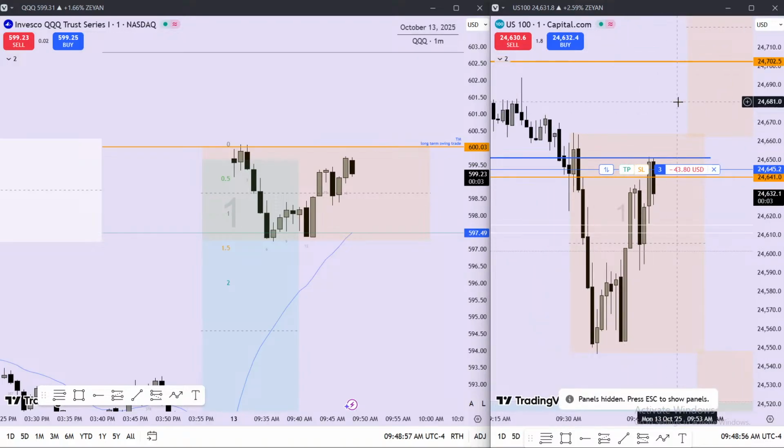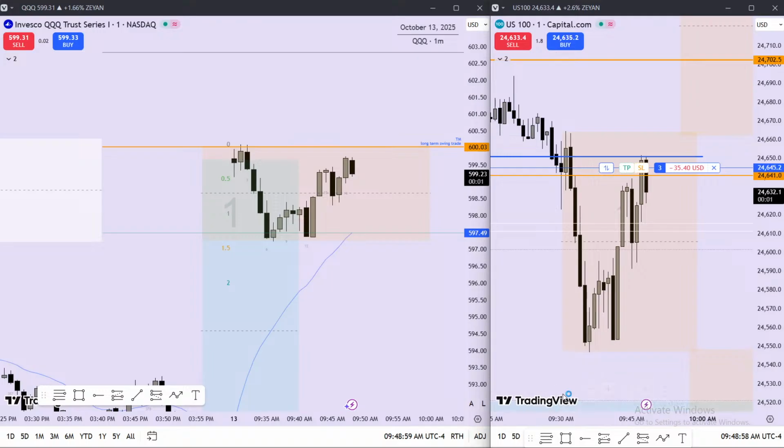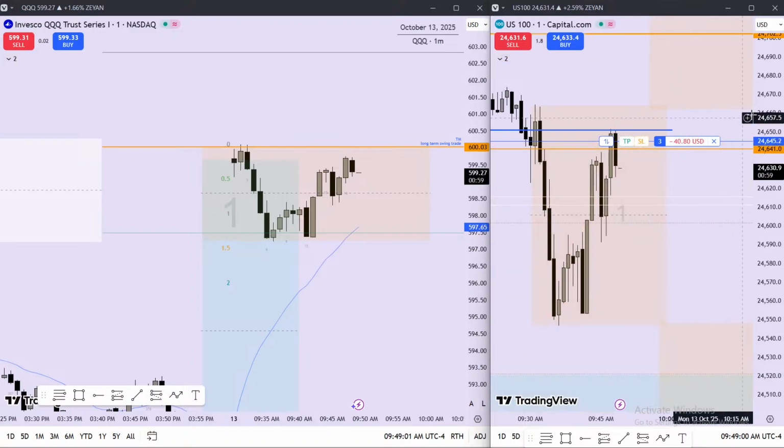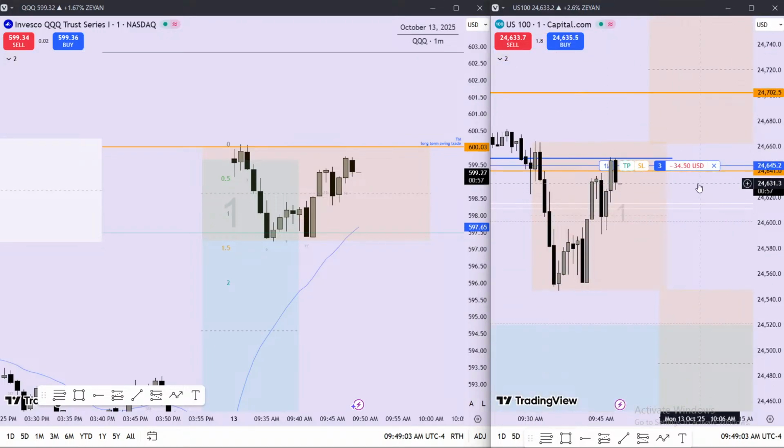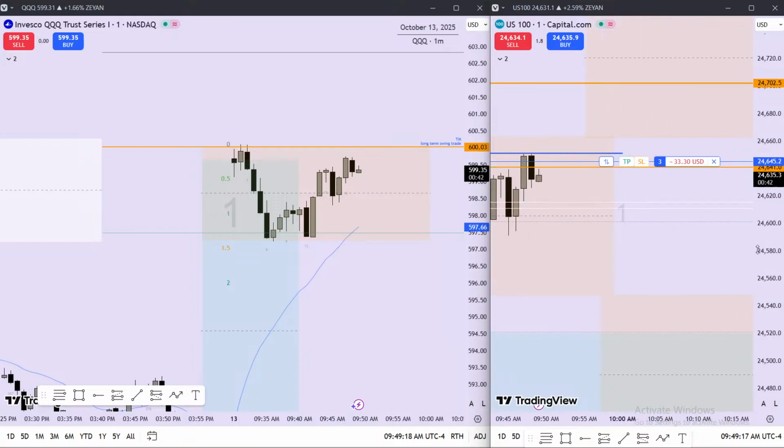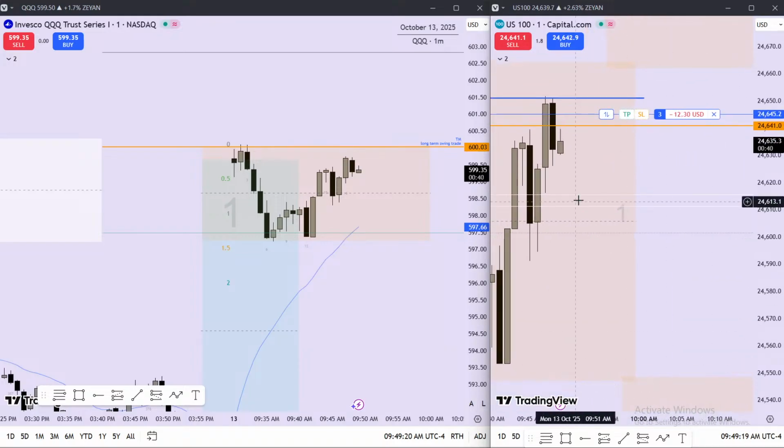I'm trading half of my lot size. If we move below these two white lines, I will close this trade.